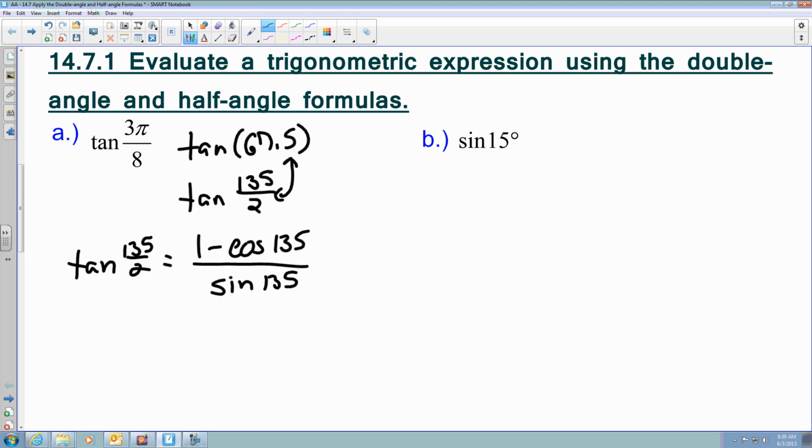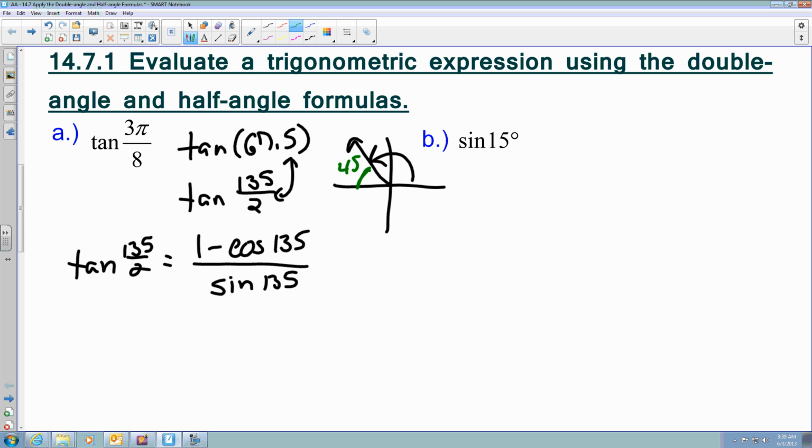Now, 135 isn't one of our special ratio angles, but the reference angle to 135 is 45, because if you were to graph this here, this right here is 135 degrees, but this reference angle here is 45. So I can find the cosine of 45 degrees from our worksheet.